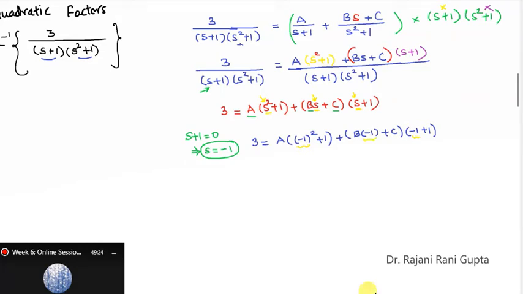Minus 1 plus 1 becomes 0, and this term is multiplied with B and C, so this entire term cancels to 0. Minus 1 power 2 gives you positive 1. So this gives you 3 is equal to A into 1 plus 1. So this implies that 3 equals 2 times A, which gives you the value of A as 3 over 2.